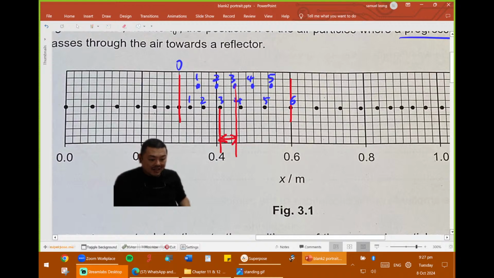Isn't that what the question is asking for? What's the distance between the particles?